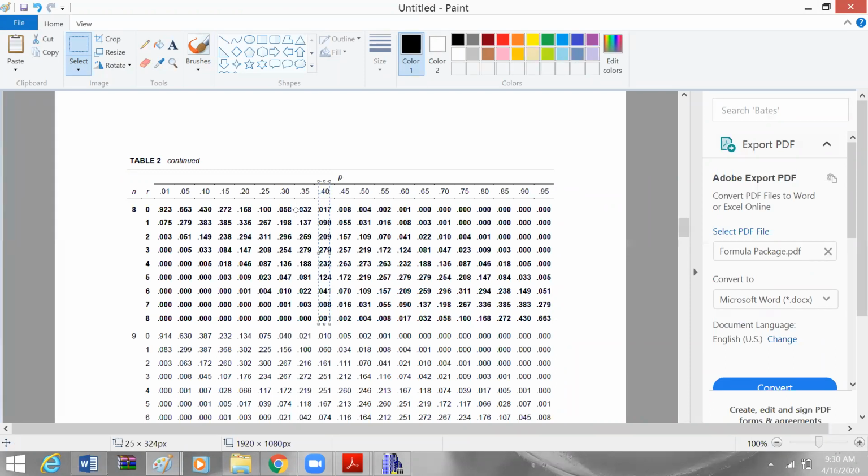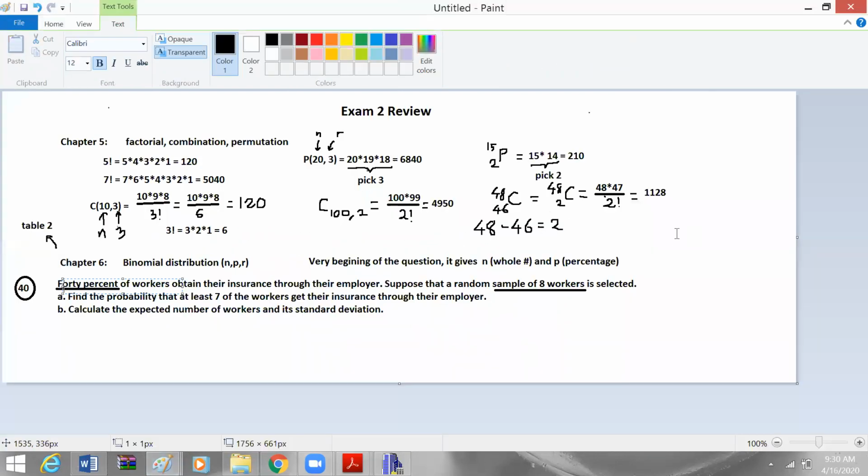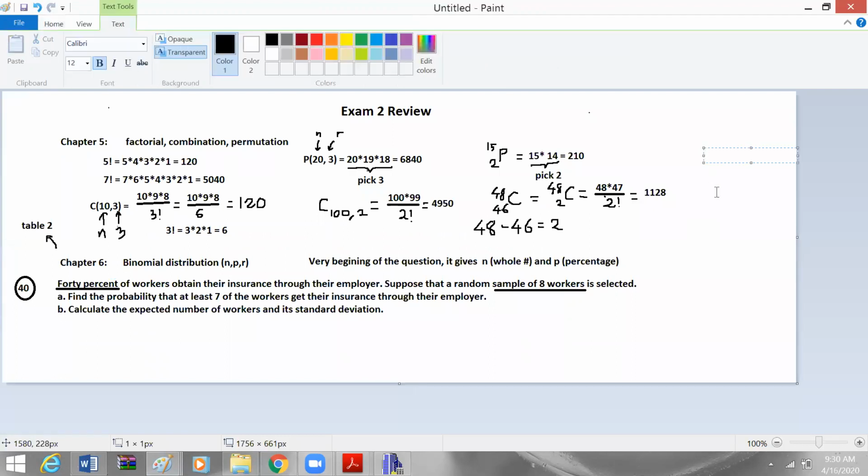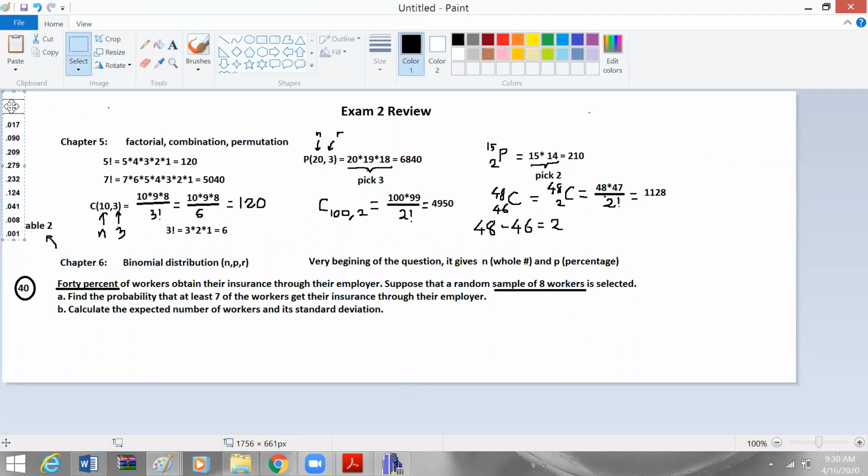I want to copy this and paste it. So I'm going to paste this right here. This is the entire column that we need to look at.